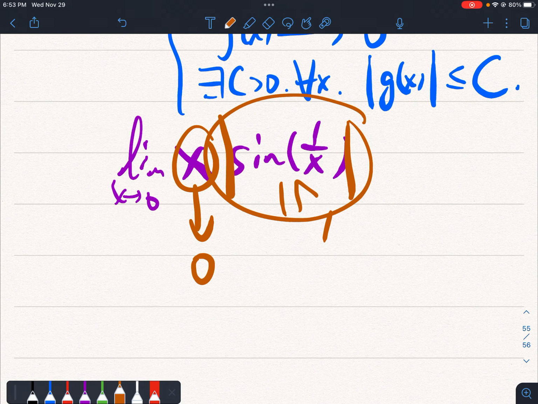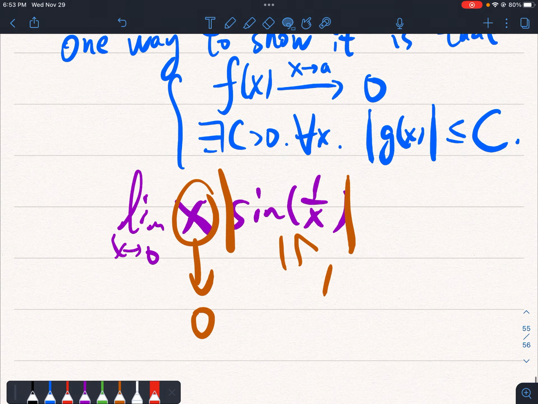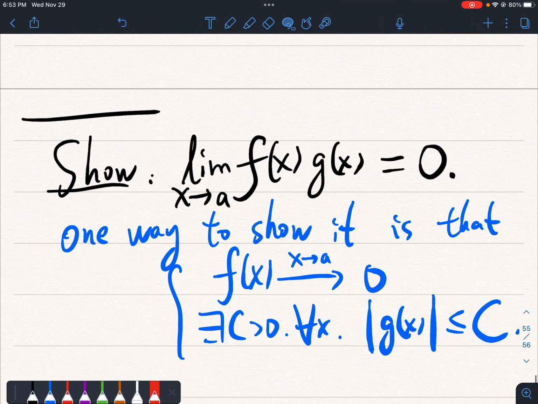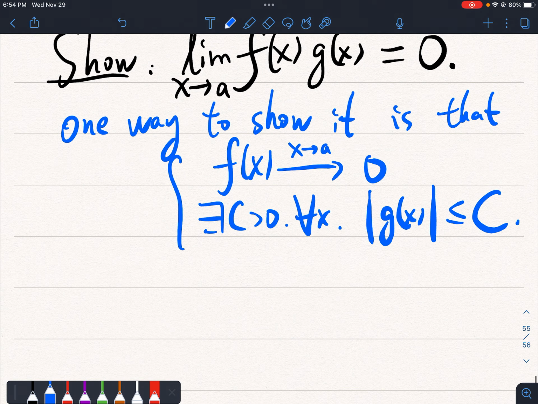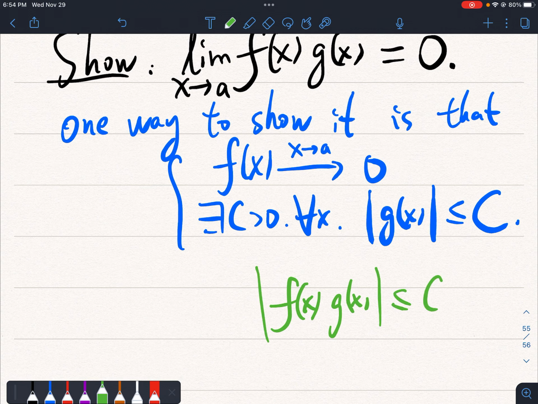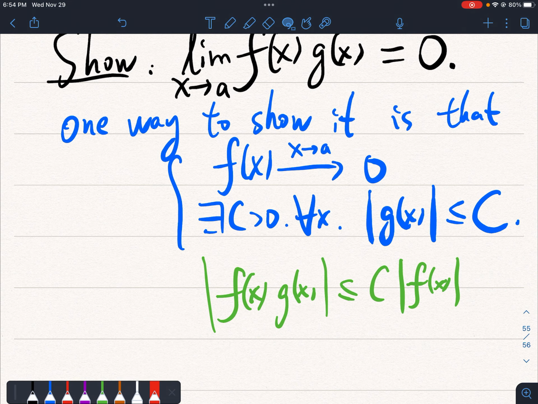So all we need is that this is bounded, or the absolute value is less than or equal to some fixed number. Then we can show that the limit will approach 0. So let me first prove that. To prove it, it simply says that the absolute value of this is at most c times the absolute value of f of x, right?